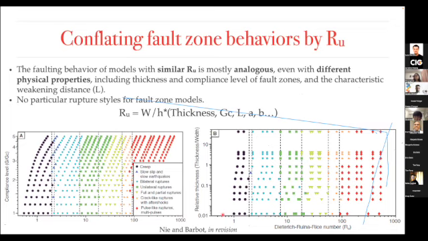Another thing that I think is worth addressing here is that, as I mentioned, RU is the ratio of asperity width W and critical nucleation size H star. And here we use an effective critical nucleation size, which accommodates all the parameters of fault zones, like thickness and GC and L and A and B.